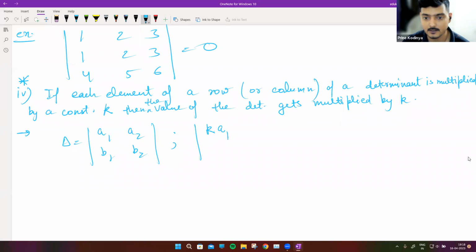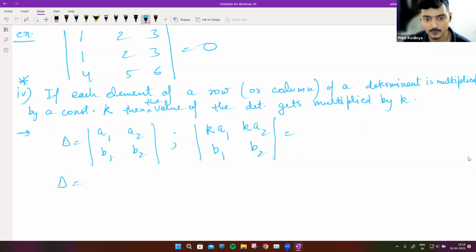We are saying that if delta is equal to this, and let's say we want to find out Ka1, Ka2, B1, B2, that first row is multiplied by the same element K, then don't calculate it. You can directly write K times delta. But let's understand this because we are solving this, so we can solve this. So this is Ka1, Ka2, B1, B2.